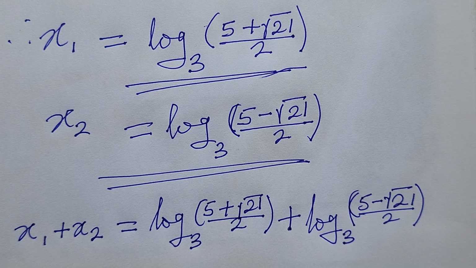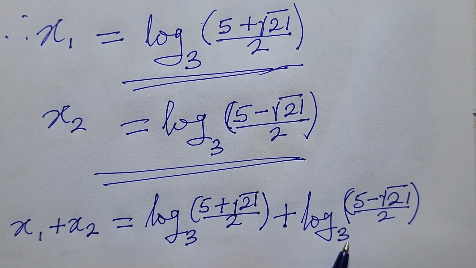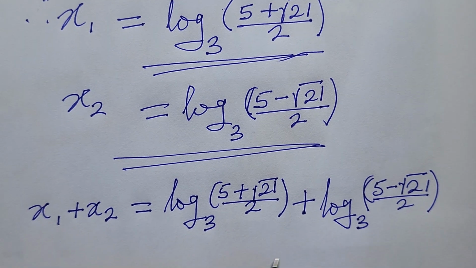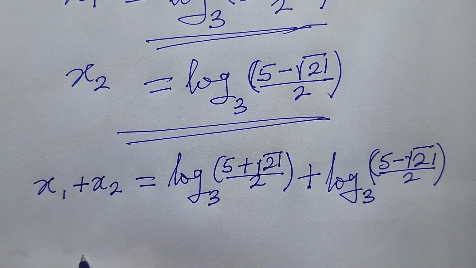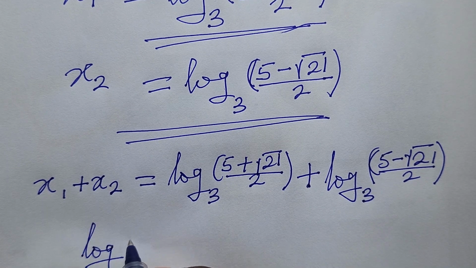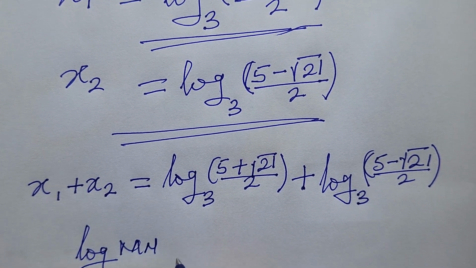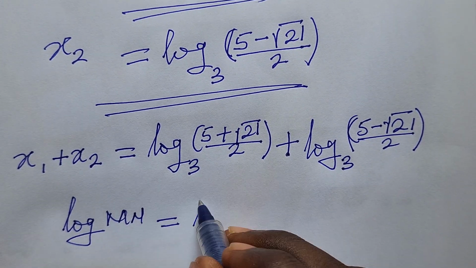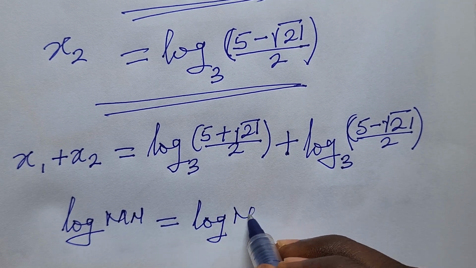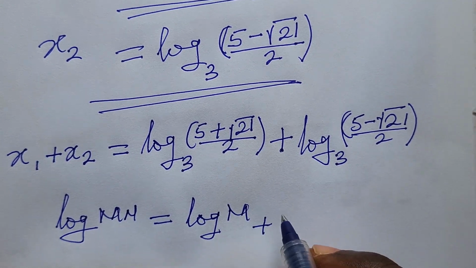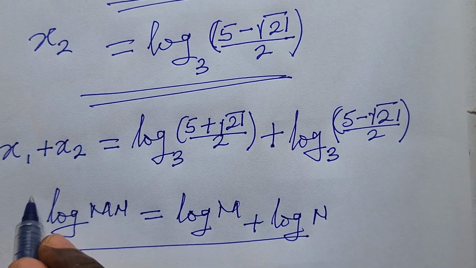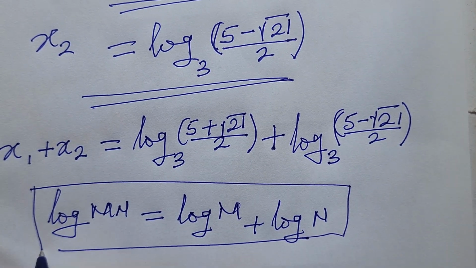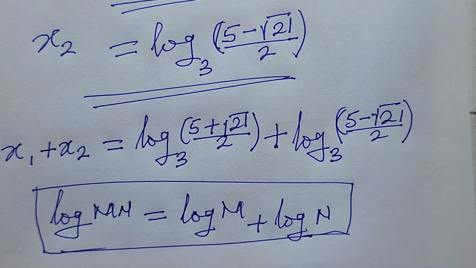How do we get the answer to this? Here we have log base 3 and here we have a log base 3. We succumb to the law which says that log of m n is equal to log m plus log n. You remember this law? Yeah, we call it the product law.